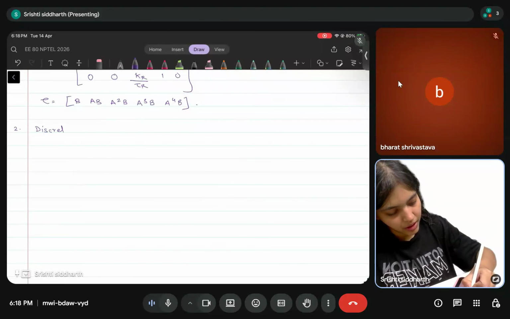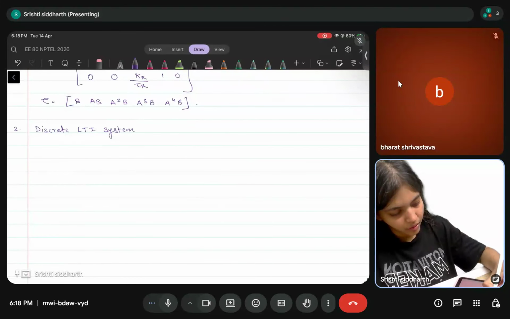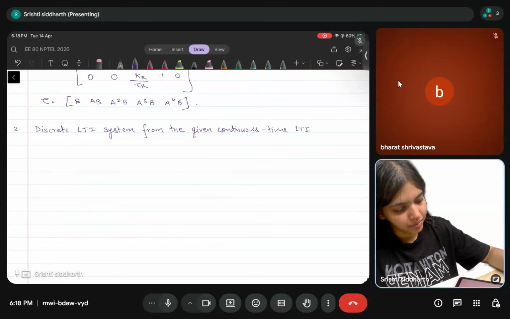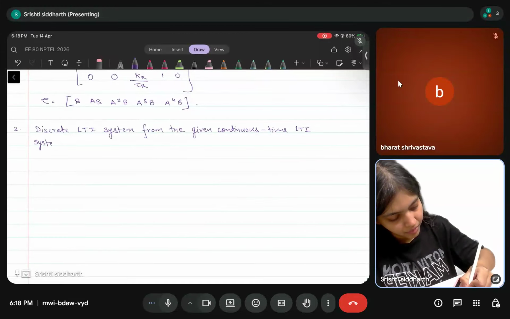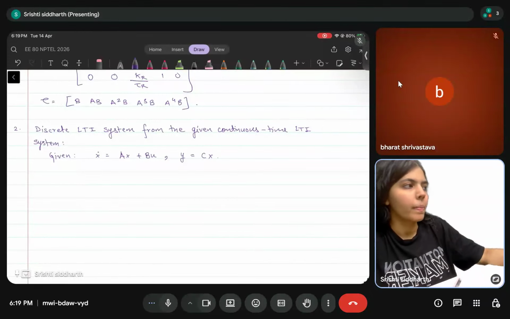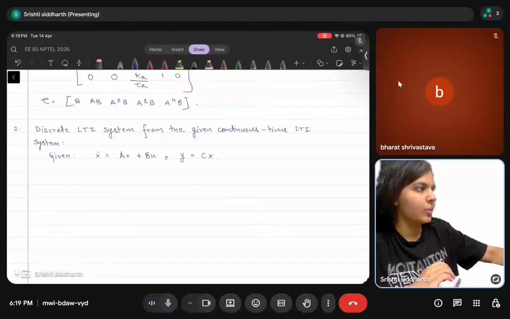This is the continuous time LTI system, and the matrix D is not considered at the moment.